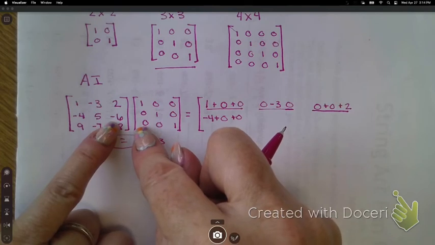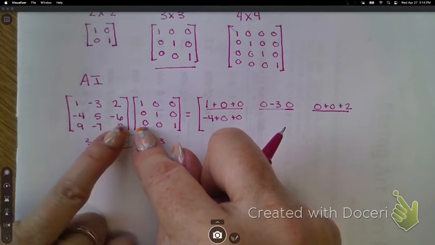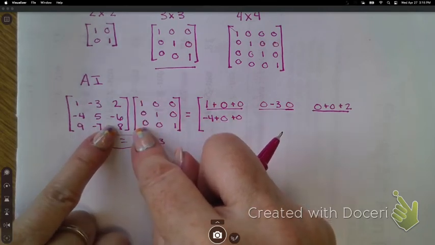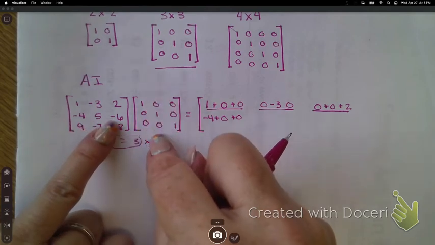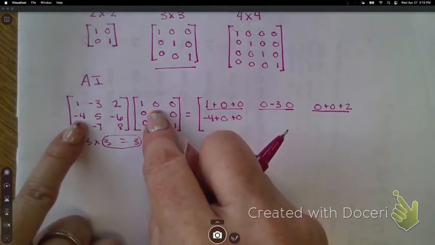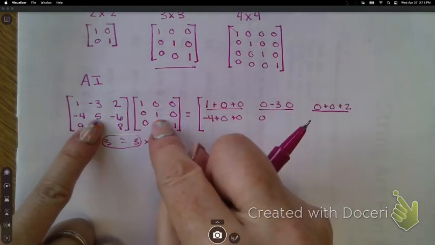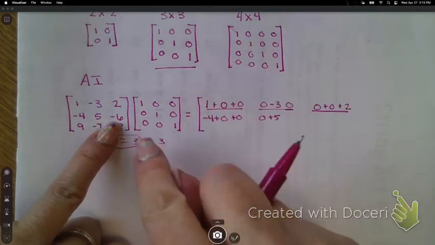What's 0 times -6? Now I need to do second row, second column. So -4 times 0, 0, 5 times 1, 5, 0.